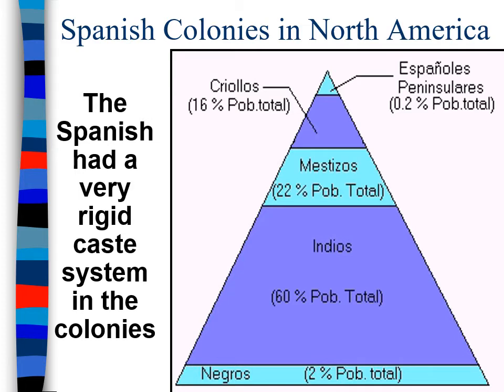Then you see this bunch called the mestizos. The mestizos, and also another group called the mulattoes, are going to be biracial individuals that are a byproduct of Europeans intermarrying and reproducing with both African slaves and Native Americans.